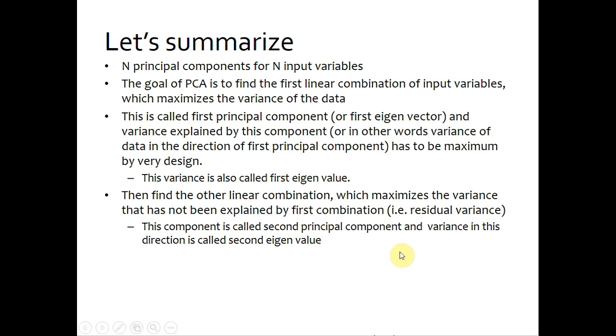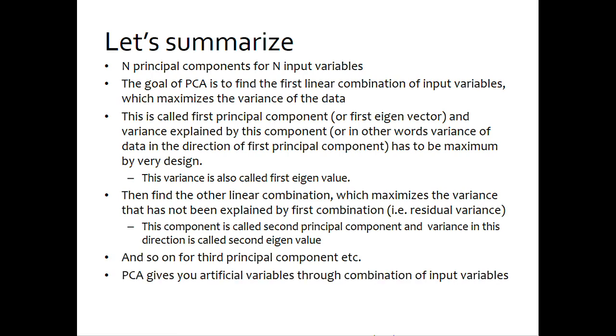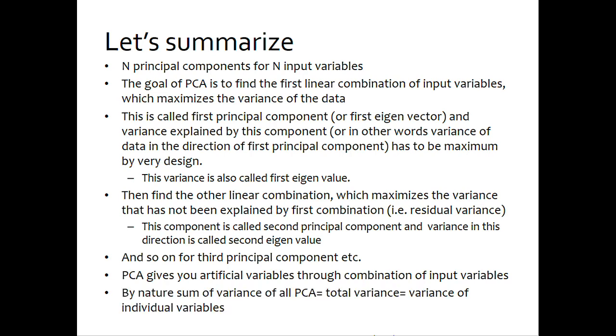This is the second possible variance that you have, and that's how you keep going. By very nature, PCA gives you artificial variables through combinations of input variables in such a way that the first principal component has the biggest variance, followed by the second principal component, followed by the third.